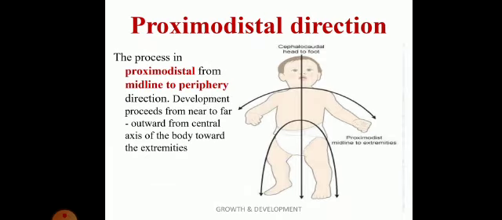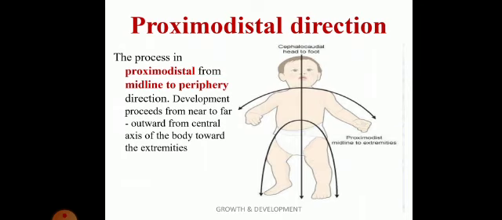Now proximo-distal direction. The proximal part will have more development initially, then it will spread to the distal part. Clear? As we discussed, in the upper limb, first the shoulder movement will happen, then elbow, then wrist, and then fingers. If you consider the lower limb, it is hip, knee, ankle, and toe movement. So it will always be from proximal to distal, or we can say from midline to periphery.